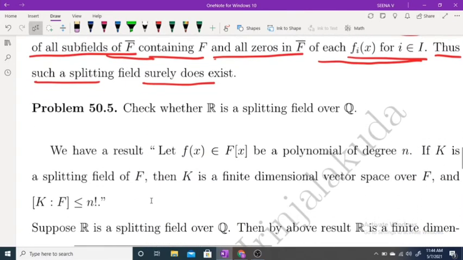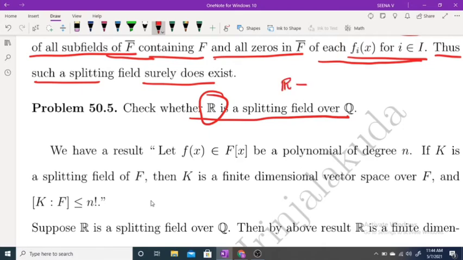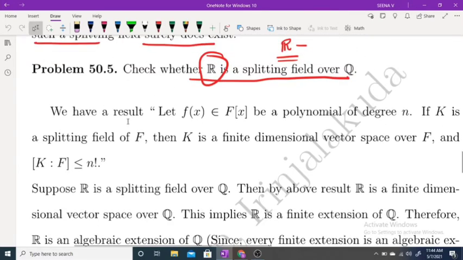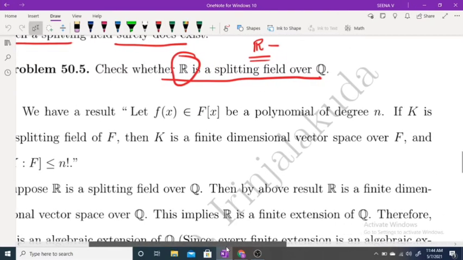Now check whether R is a splitting field over Q. To prove R is a splitting field over Q, we have to prove that R is the splitting field of some set of polynomials. For proving this, we use one result.